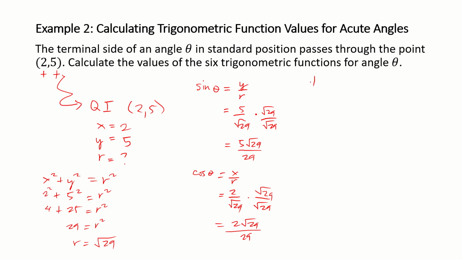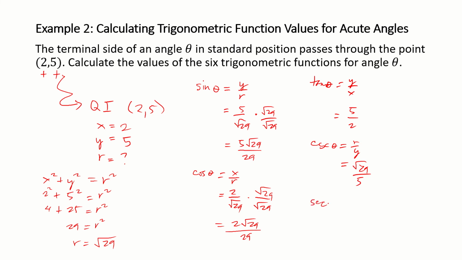Then next for tangent, that's y over x. So y is 5, x is 2. So 5 halves. For cosecant, that would be r over y. So that would be square root of 29 over 5.